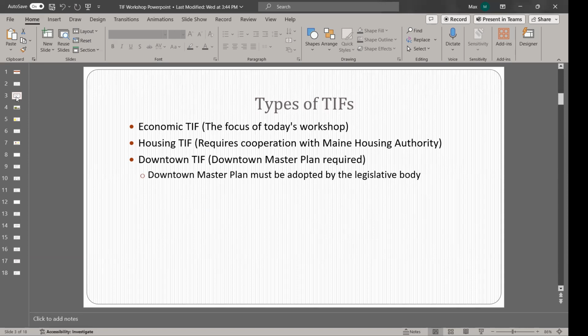So, my understanding is that the TIFs I'm used to are the ones where you negotiate with a manufacturer or something like that that comes in. And I've heard of the downtown TIF, but I'm used to thinking of it as a parcel by parcel negotiation type thing.